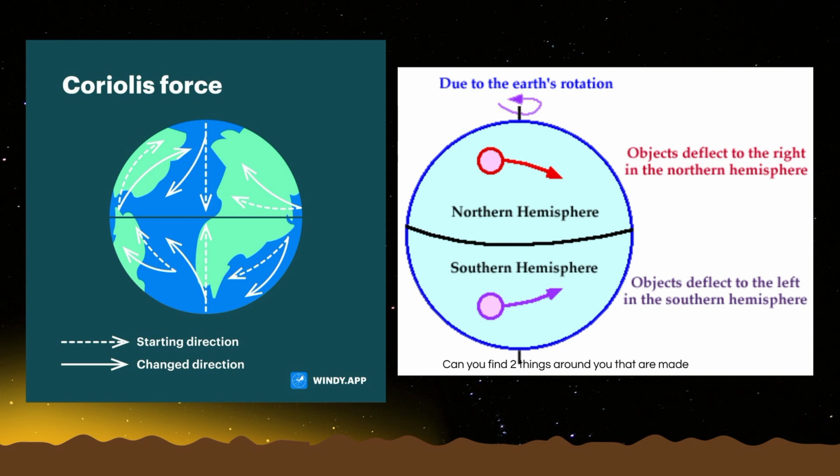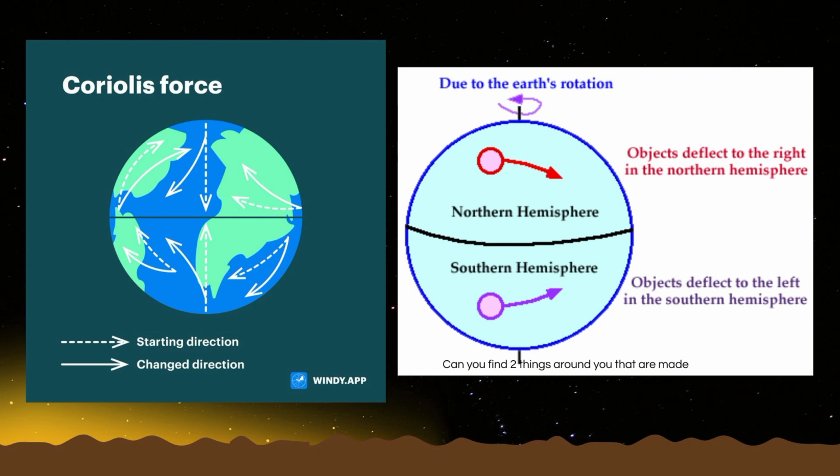Due to the Coriolis force, moving air curves instead of moving in a straight line. It does not start the wind, it only changes the direction of the wind.